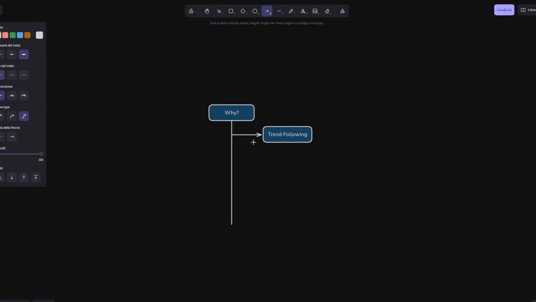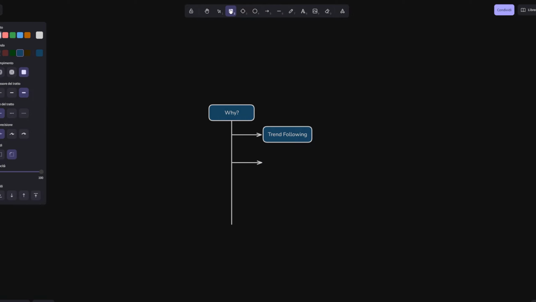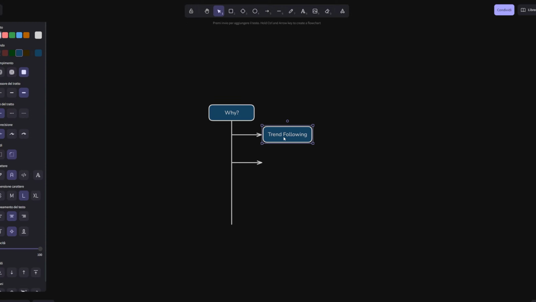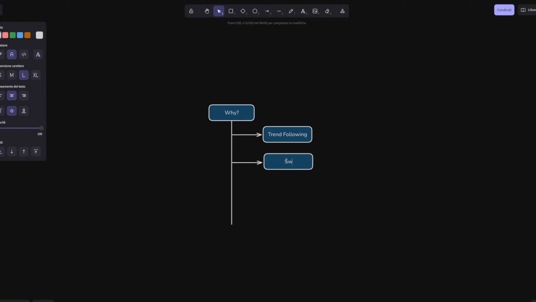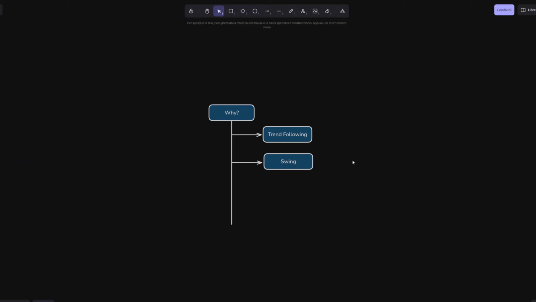And one other key concept is that it will be a swing strategy. Well, not swing like months or weeks, but at least a couple of days of duration in the trade, or a couple of weeks at maximum.